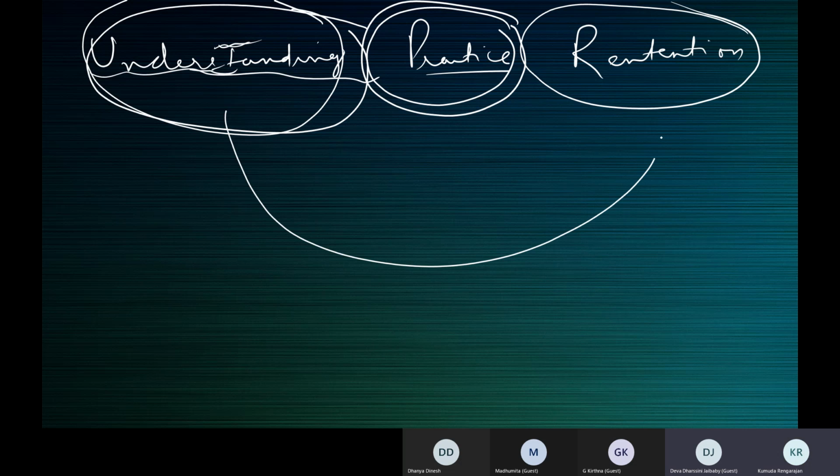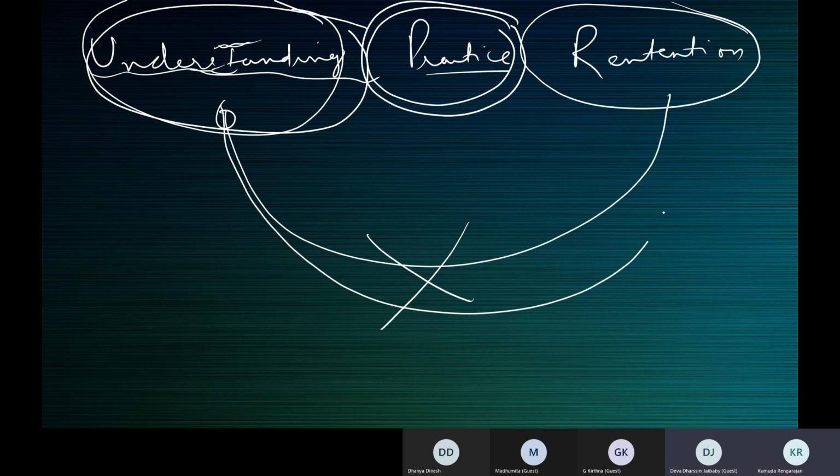Going from understanding straight to remembering is not at all possible. I understood very well, so I'll always remember. It's not at all possible, because we are learning something new. We are not revising the 7th standard syllabus. Whatever you learn every day in your subjects, you're learning something new.